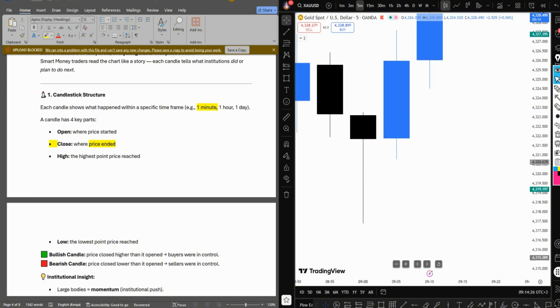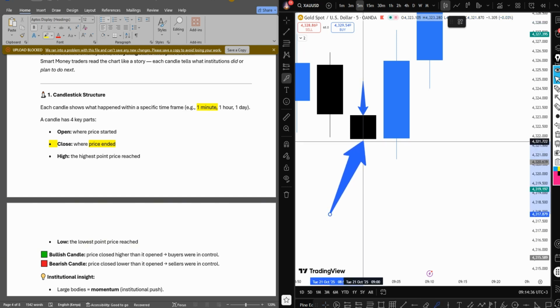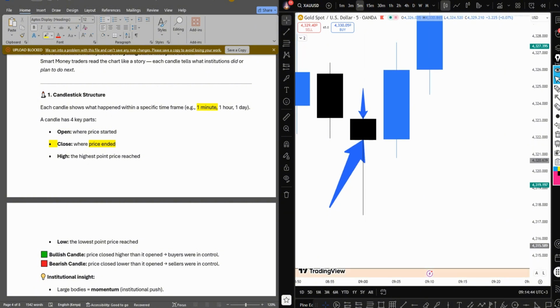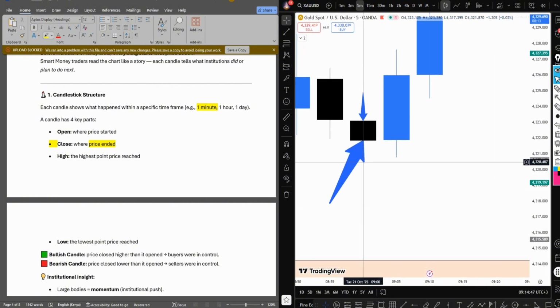So this was the opening price of the bearish candle right there, and this is the closing price of the bearish candle. But the price opened at this point, went high a bit, then came back in and went down to this lowest point, then came back in and closed at this point. That's what this means.